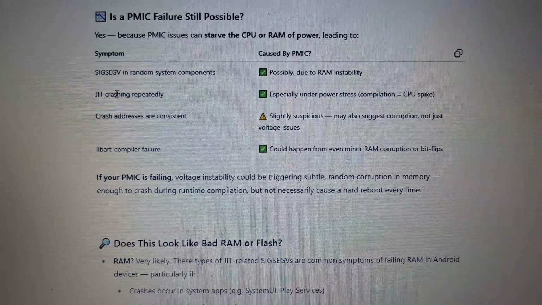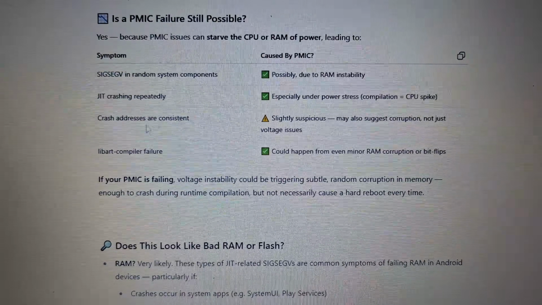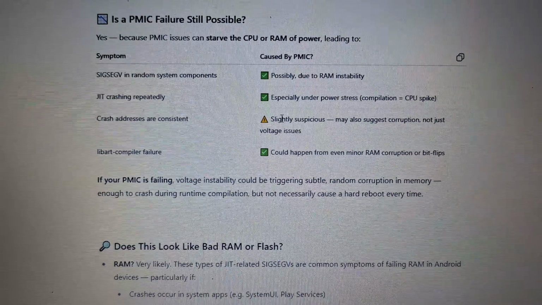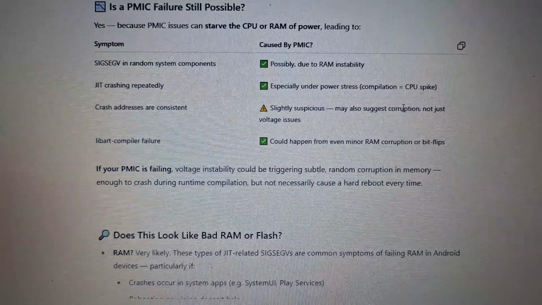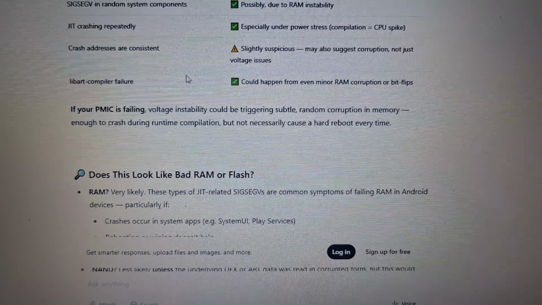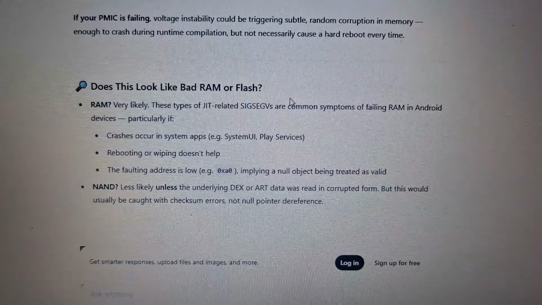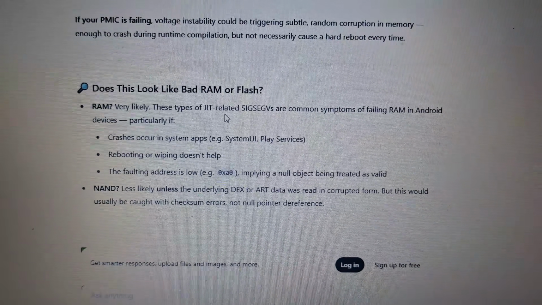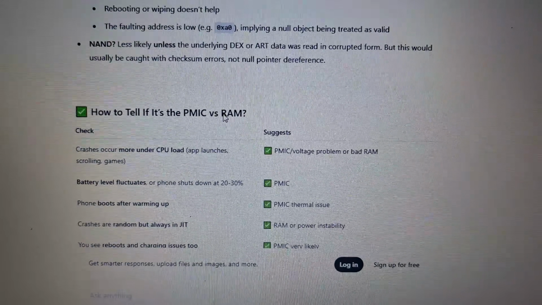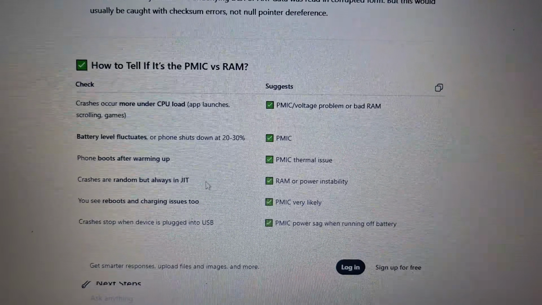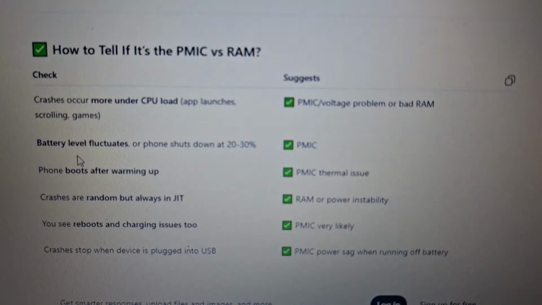I have a feeling that's the case. Crash addresses are constant. Yeah, that's true. Suggested corruption, probably RAM corruptions. Compiler failure. True. Very likely. I have a feeling it is as well. Yeah, and I agree with all of this as well.